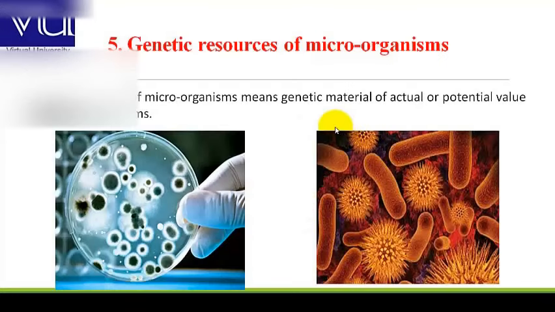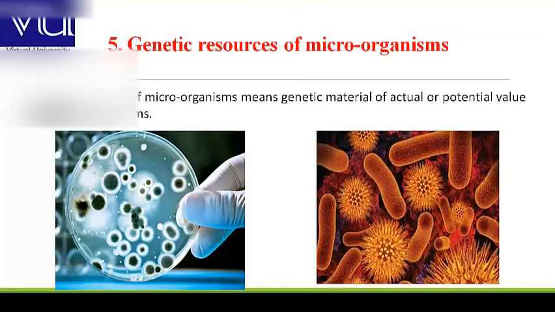Genetic resources of microorganisms. Genetic resources of microorganisms mean genetic material of actual or potential value from microorganisms. Microorganisms of agricultural interest play a key role in many aspects of food production, for example soil fertility, crop nutrition, biocontrol, and biofertilizer.